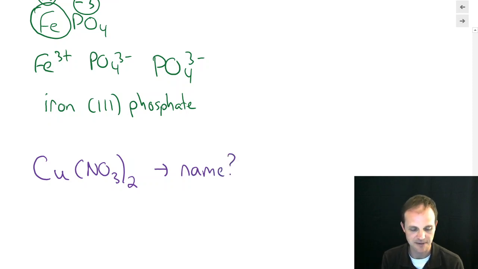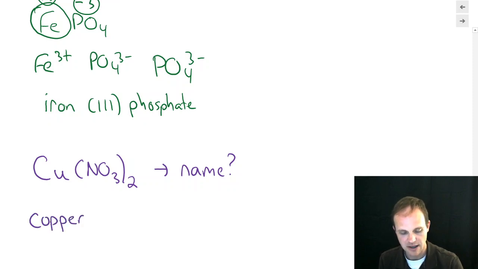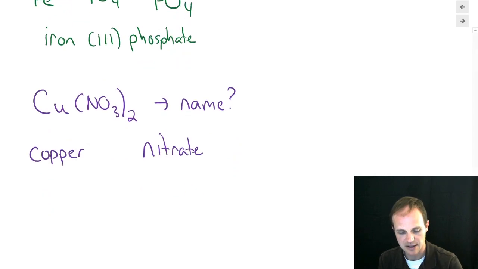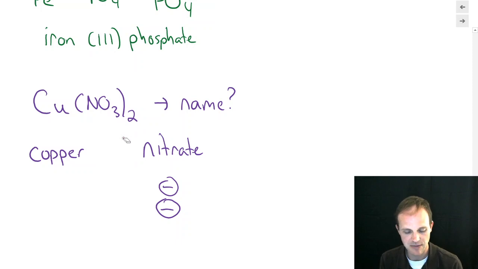How am I going to do that? Well, I know that Cu is copper. After a while, I learned that NO3, if I look up on the table, is an NO3-, and it's called nitrate. And it's got a -1 charge. But I've got 2 of them. That's what that 2 tells me. I've got 2 -1 charges.